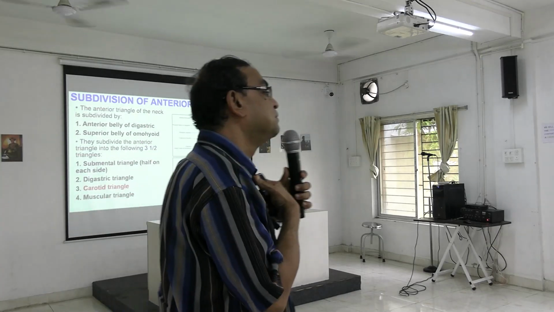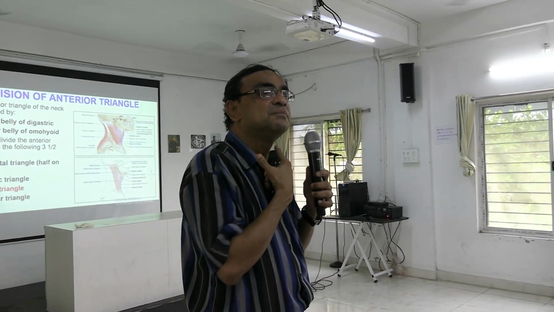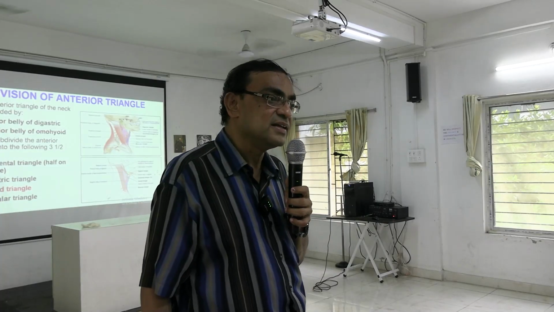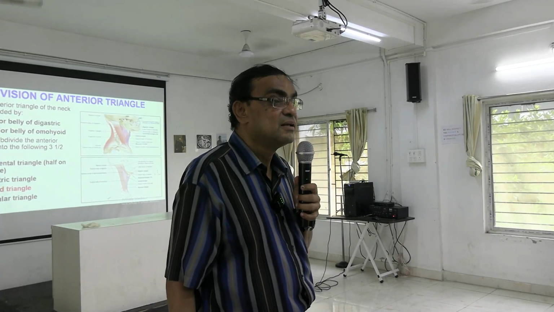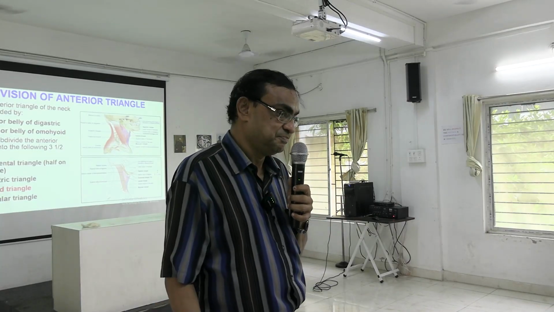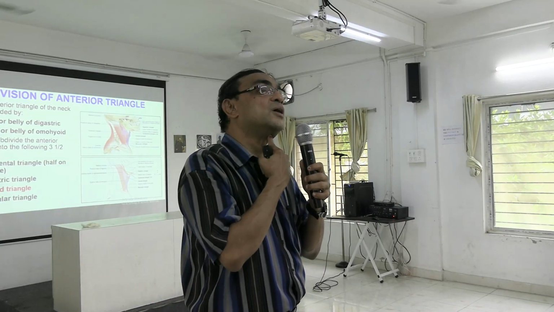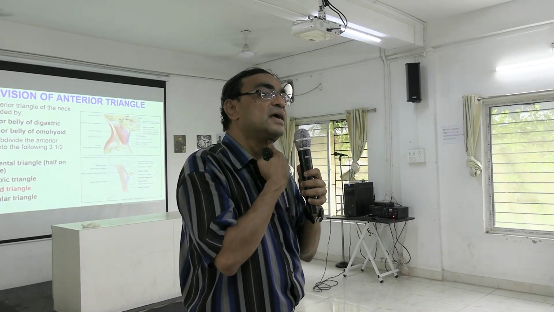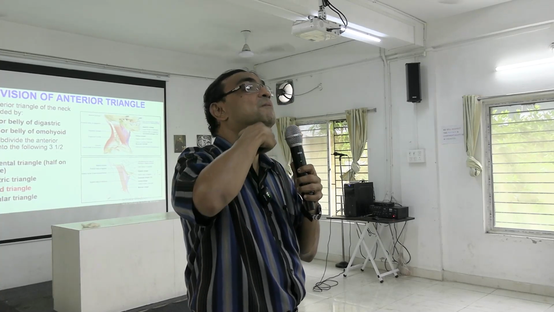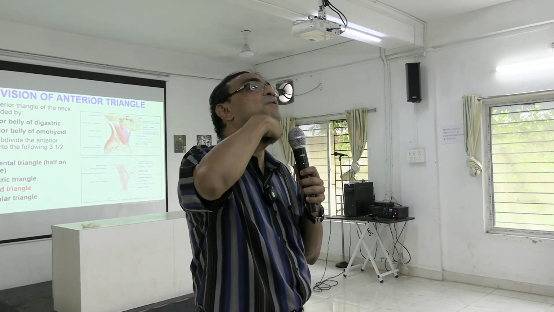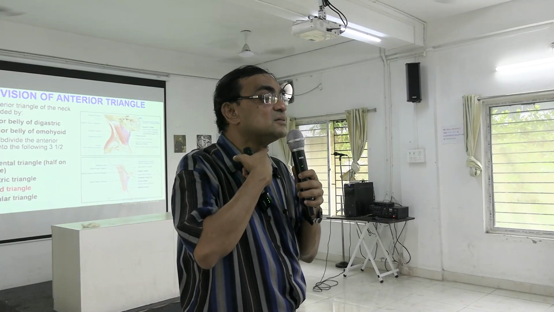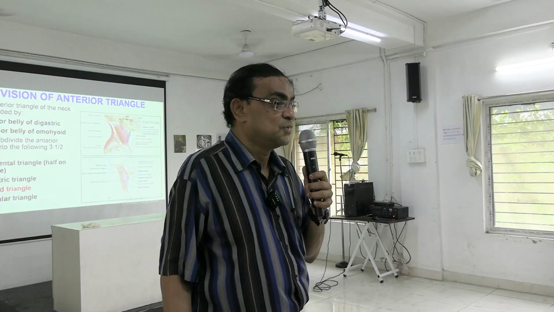Here at the midline of the neck, on either side, we can get another triangle called the muscular triangle, because we can find so many muscles. The hyoid bone is the key bone here for the muscular triangle, because some muscles are attached above the hyoid and some below the hyoid.